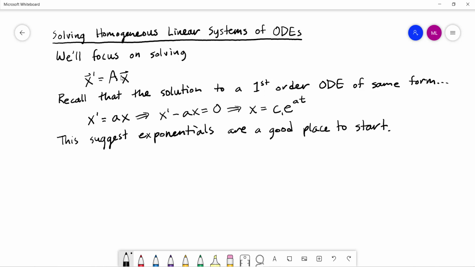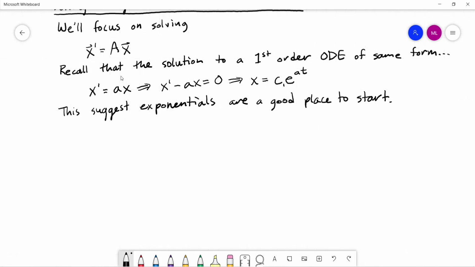Okay, so let's take a look at the original equation that we were just talking about, the system of equations now. So consider x vector prime equals Ax, and let's try to see if something of this form will work.